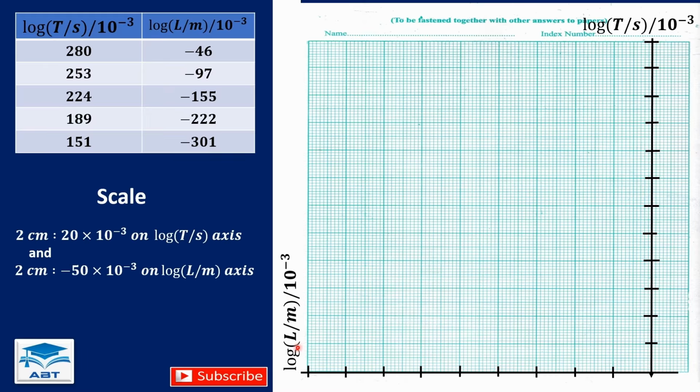We choose a scale of 2 centimeters to 20 times 10 exponent negative 3 on the log t axis. Looking at the values of log t, we can start from 100 and keep on adding 20. So we have 120, 140, 160 and so on.